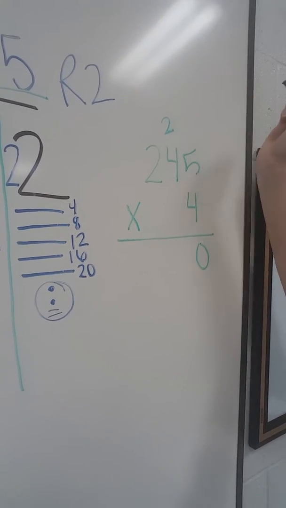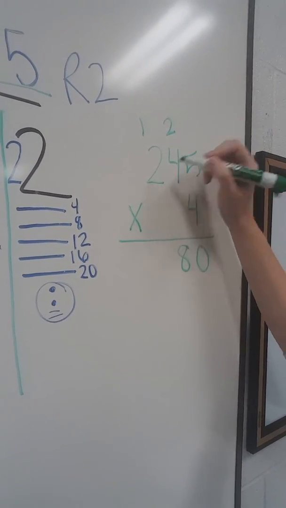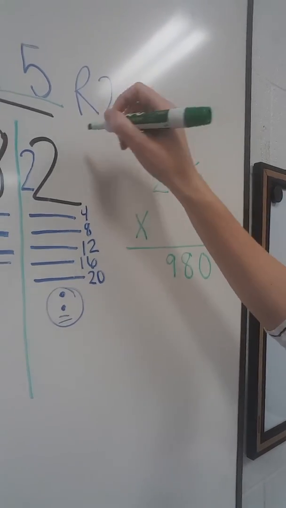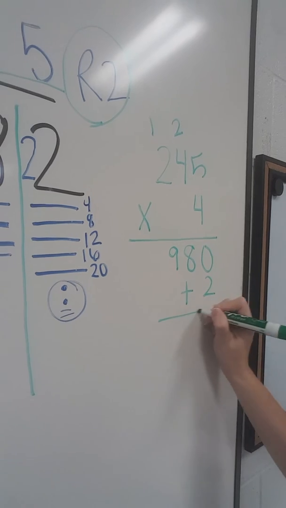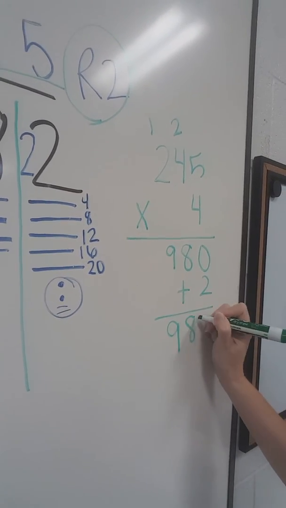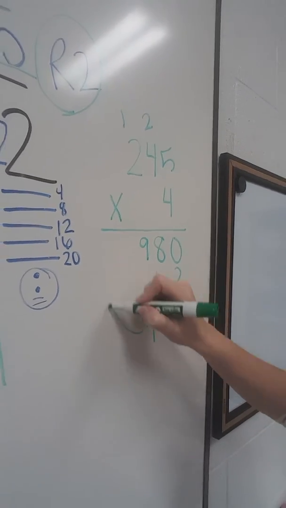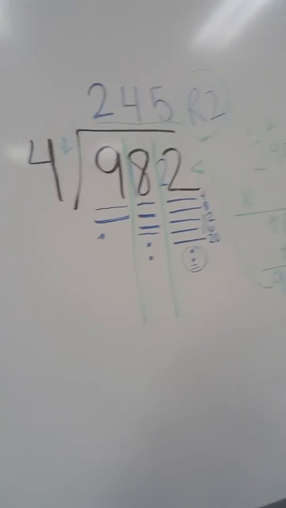Add the 2. 17, 18. Carry our 1. 4 times 2 is 8, plus 1 is 9. Don't forget about the remainder. We have to add in our remainder. Plus 2. 982 is our answer. Right there, we have checked our answer.